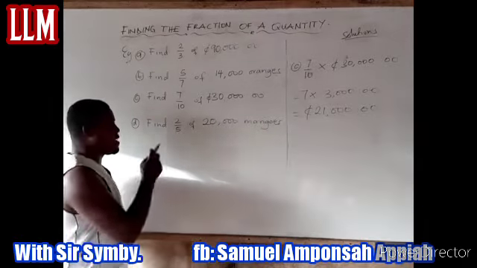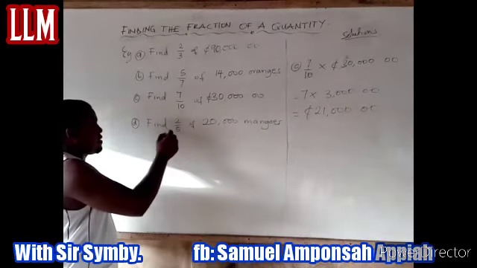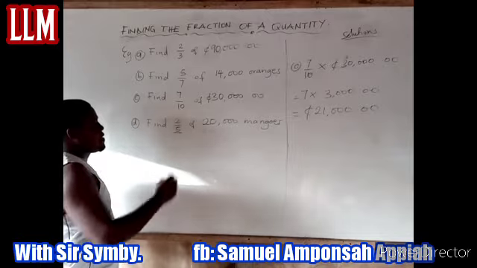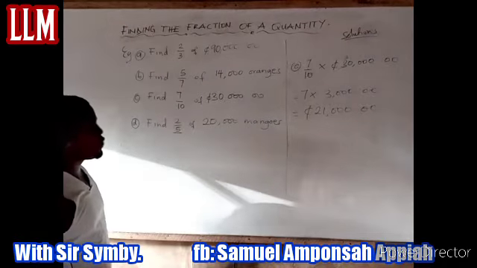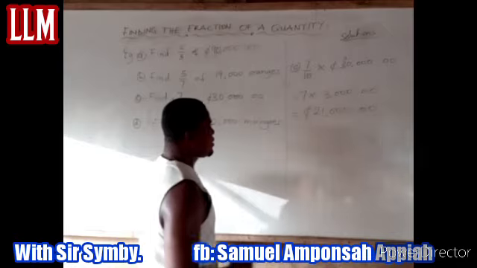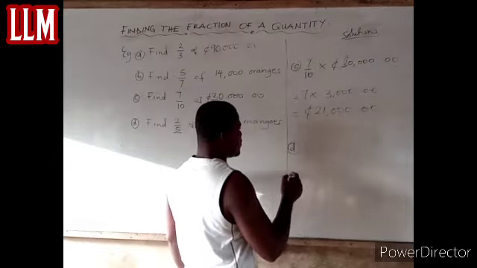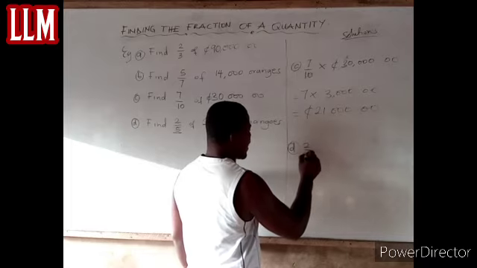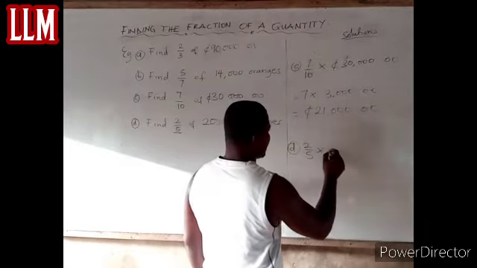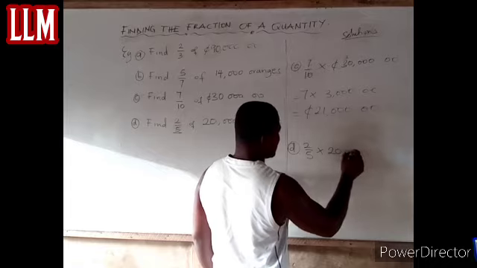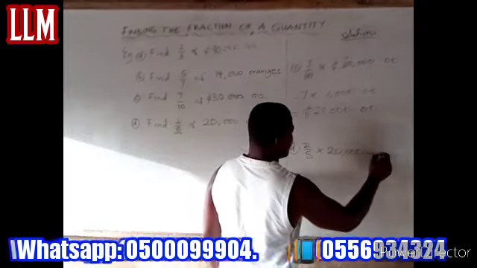Now let's look at the example D. The fraction given is 2 on 5, 2/5 of 20,000 mangoes. So D, we are going to have 2 on 5 multiplied by 20,000 mangoes.